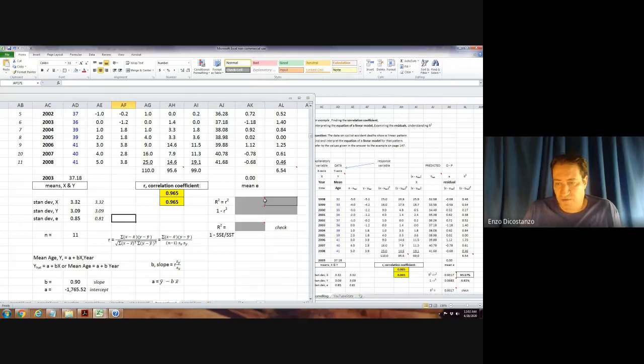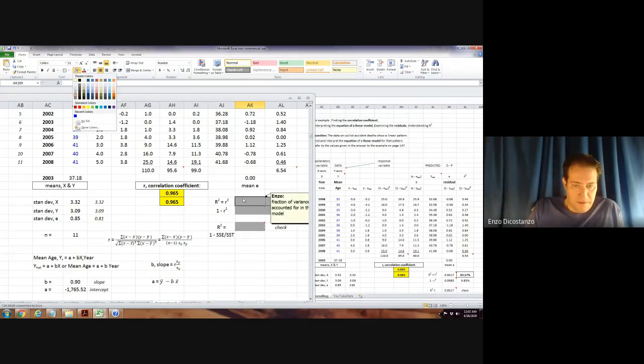So what do we do here? We did equals either one of these r's squared. This equals this. This equals 1 minus that.